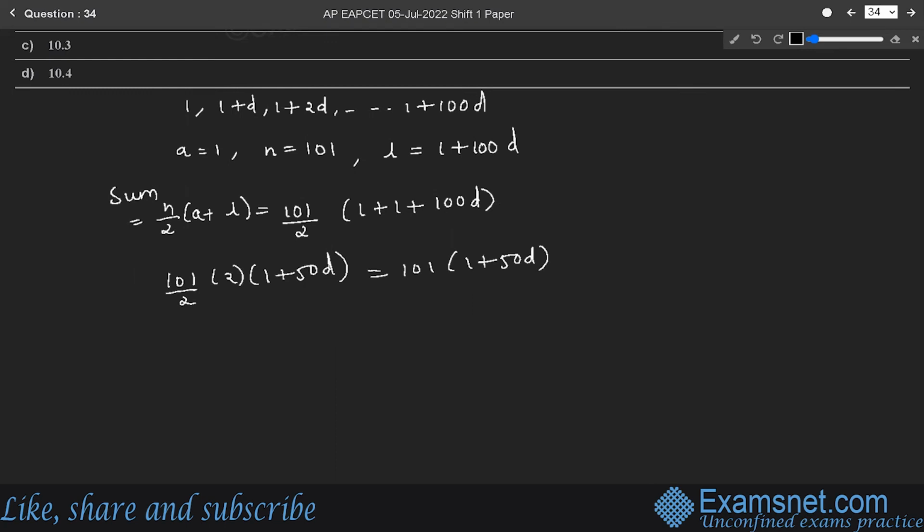Hence, mean will be equal to 101 into 1 plus 50d divided by 101, which is equal to 1 plus 50d.